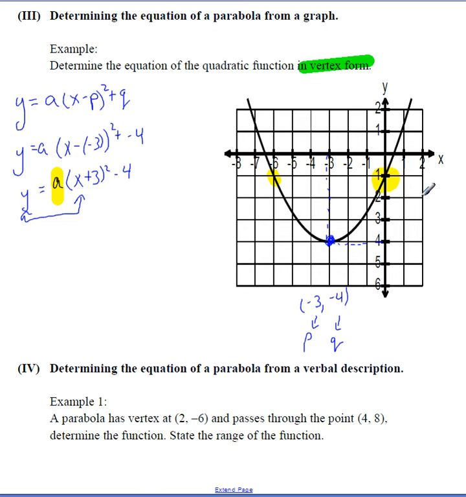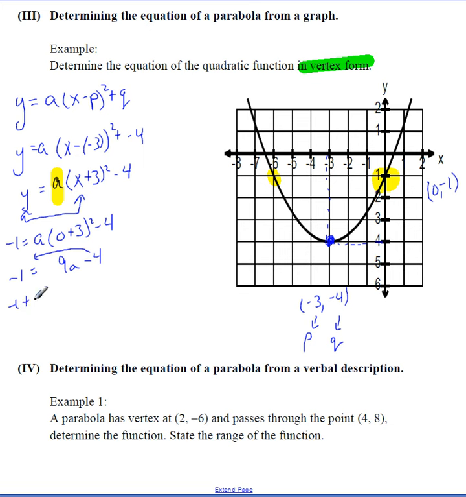So the values of this point are 0, -1. So put my y value in of -1. X value is 0 in. 0 plus 3 is 3. And you're going to square. So you'll have 9 times a. Well, -4 is going to go back over.